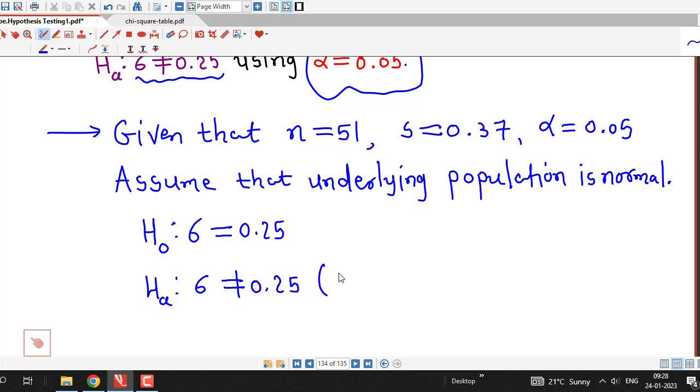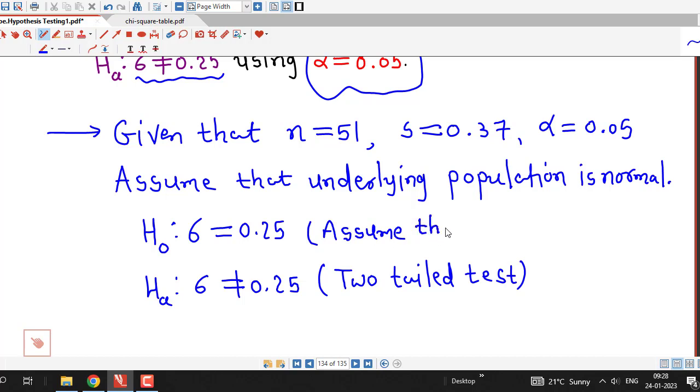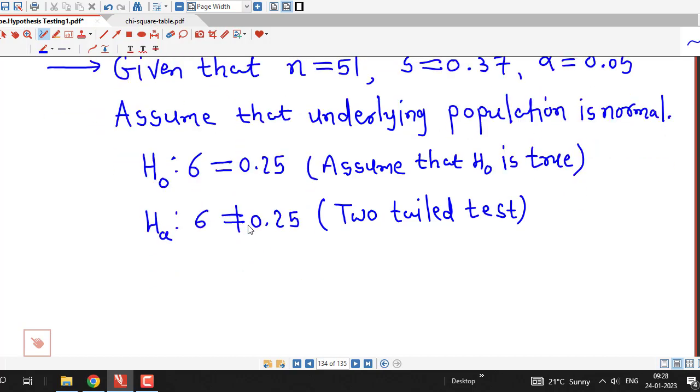So this is a two-sided alternative, therefore this is a two-tailed hypothesis test, and we assume that null hypothesis H0 is true, so that we can use sigma equal to 0.25 in the test statistic formula.